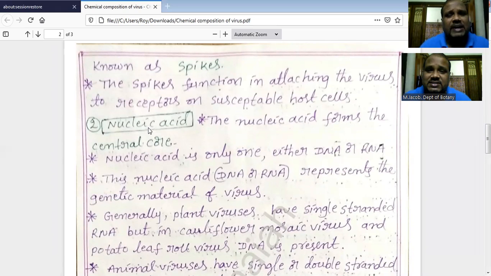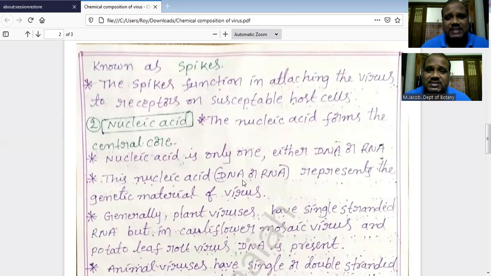Now, nucleic acid. The nucleic acid forms the central core. There is only one type of nucleic acid, either DNA or RNA.